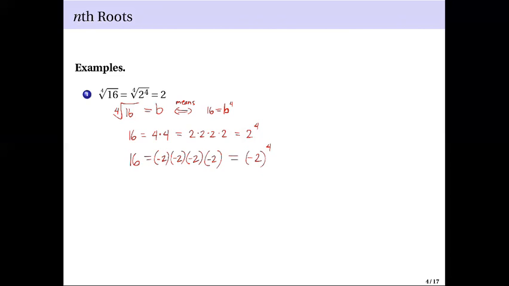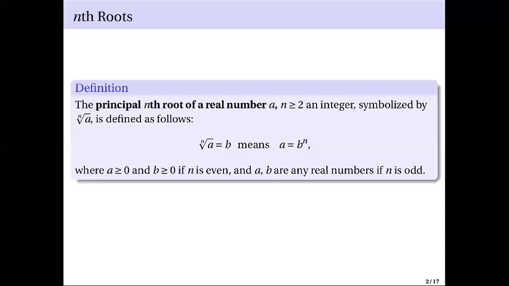Let us look at the definition again. nth root of a equals b means a equals b to the n, where a is greater than or equal to 0 and b is greater than or equal to 0 if n is even.